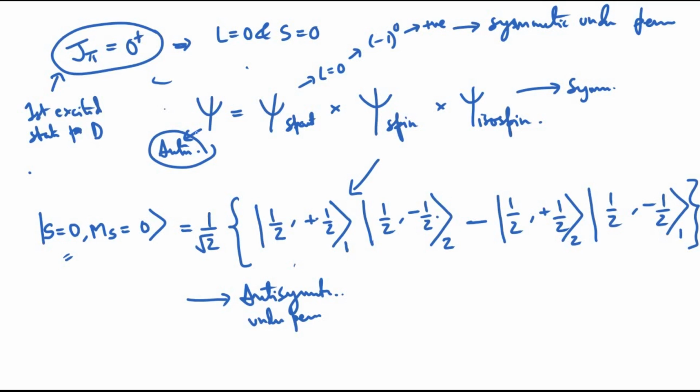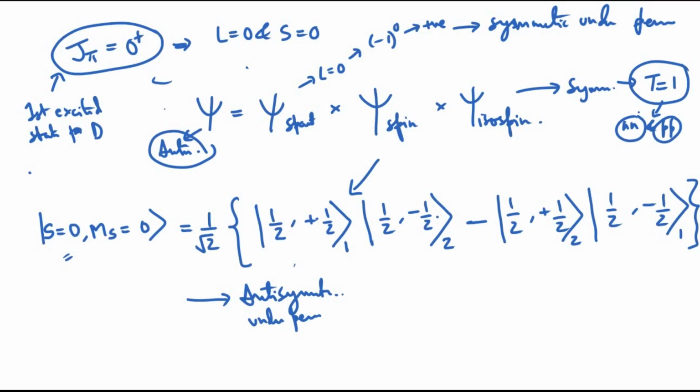So if isospin has to be symmetric, then there is only this possibility, T is equal to 1. So this means that if J pi equal to 0 plus, which is observed for the first excited state of deuteron, then it will have T equal to 1, and this will also be valid for both NN and PP systems, di-neutron and di-proton systems.